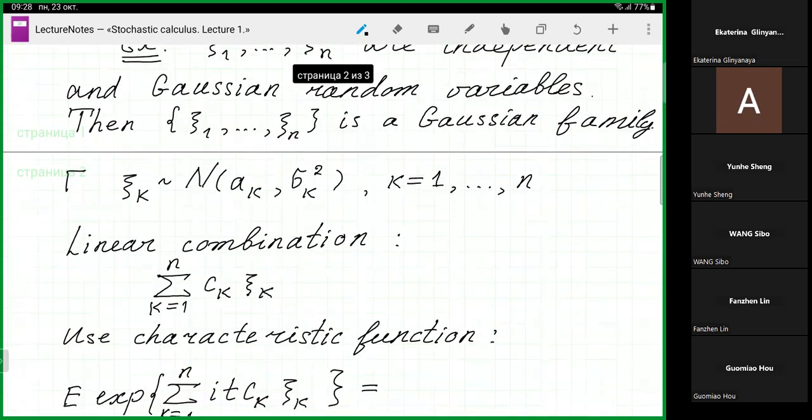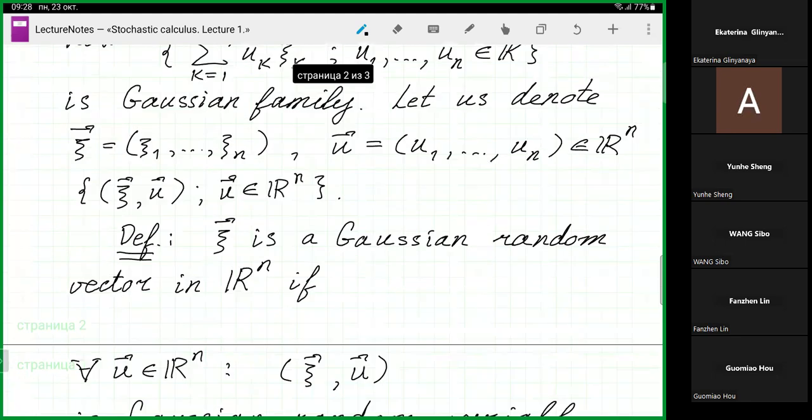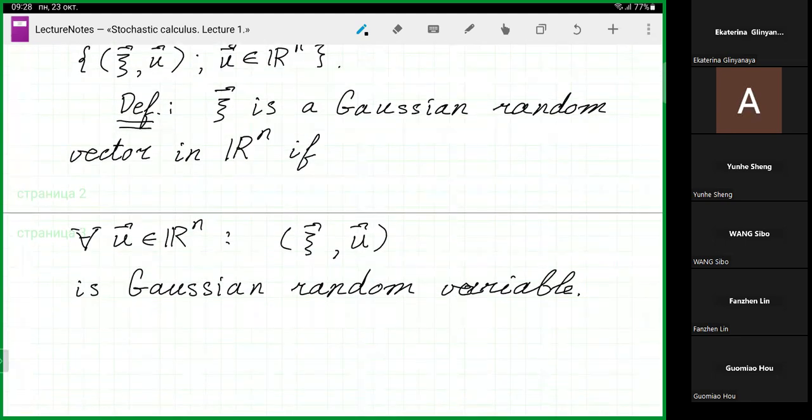In our case, we just consider a finite number of random variables, but due to this, we have a more familiar object. Because in probability theory, you studied random variables and then random vectors. So it is good to study Gaussian random vectors after Gaussian random variables.